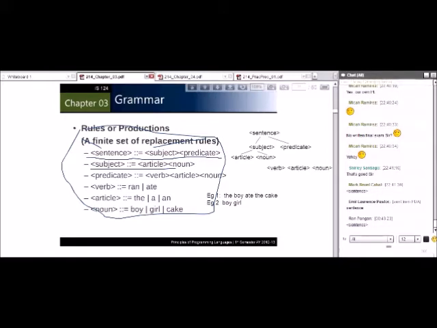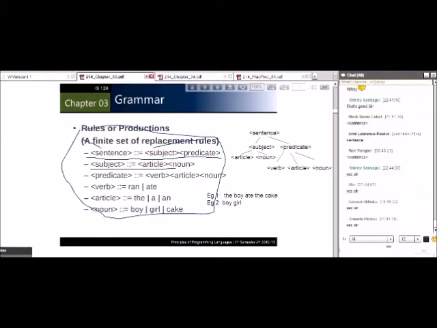So, are you following the process of what we're doing right now? Okay, that's great to hear. Article, and then after article we have the boy.